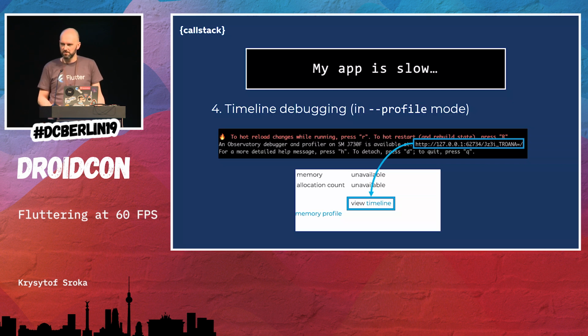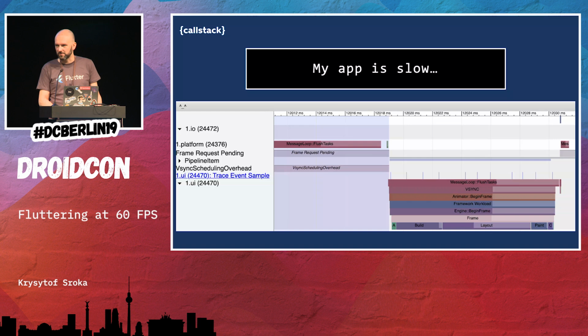So this is not the best UX experience, actually. This observatory looks like it was written a long, long time ago. But there's also a view called the timeline. It's only available in profile mode. Otherwise, it will say there's no profile data for this.